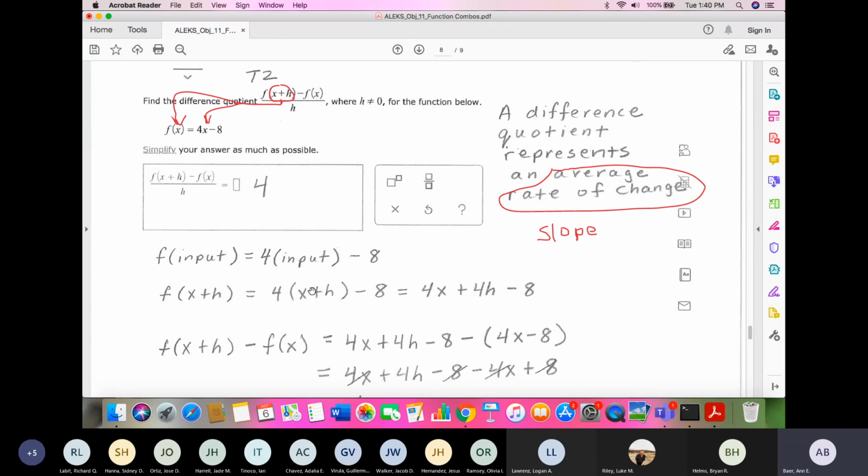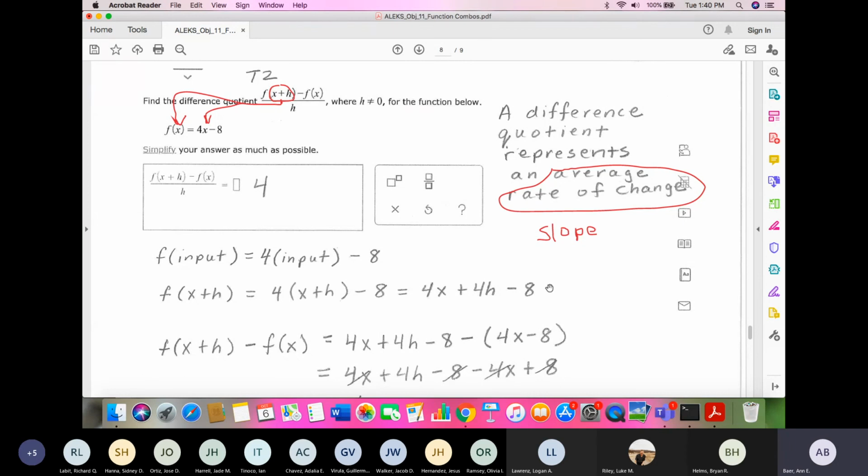We're plugging in x plus h for the word input here. Because here's our word input, and what's inside the parentheses is x plus h, so we're plugging that in for input. So we get 4 times x plus h minus 8. Now what do we get? We can distribute multiplication over addition. We can distribute 4x plus 4 times h minus this 8.